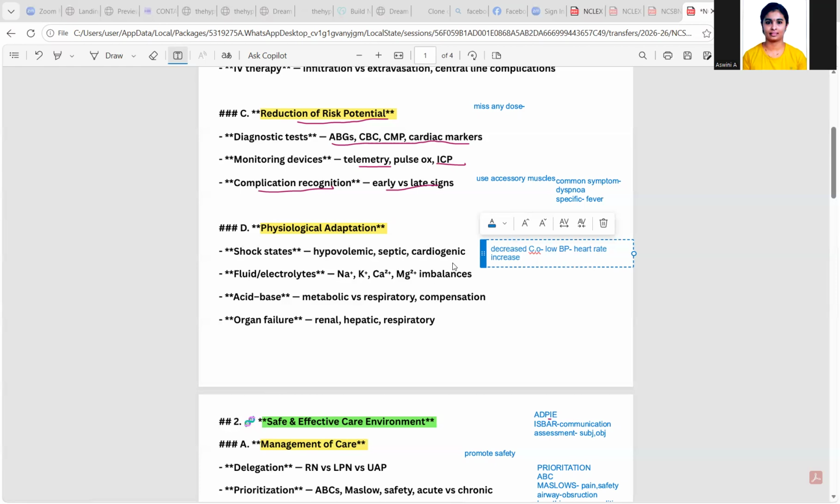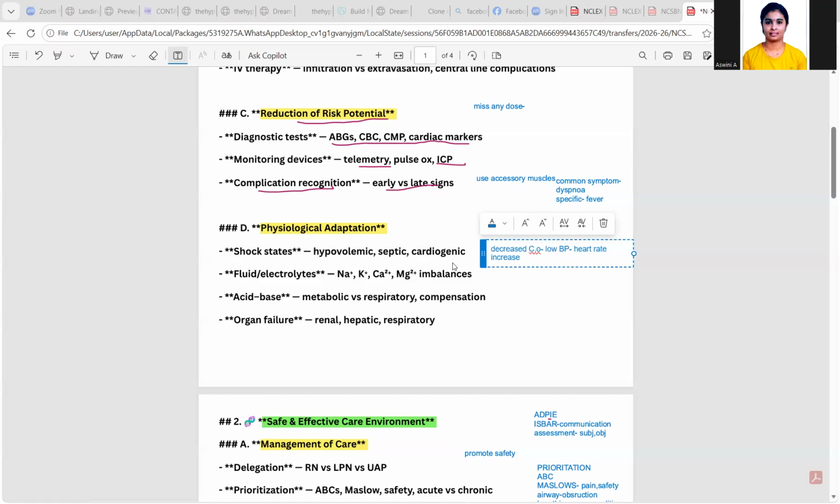For example, I will tell you about polyuria. Polyuria means there is excessive loss of water. When there is excessive loss of water through the urine, there may be loss of sodium also. Understood? The sodium and water move in the same direction.